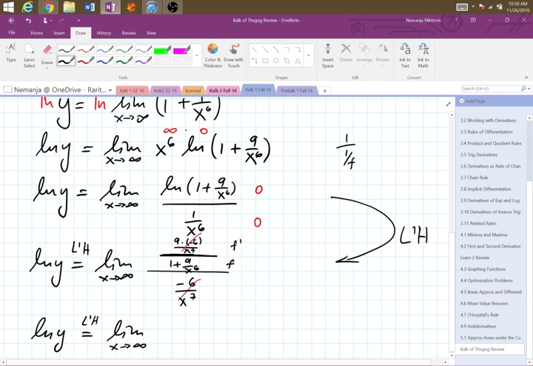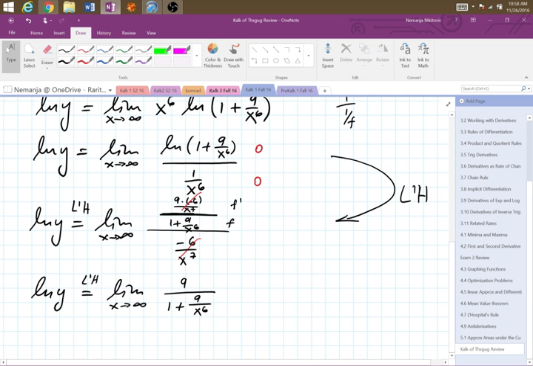So what we have is 9 over 1 plus 9 over x to the 6. That's what's left. When this goes to infinity, the 9 over x to the 6 goes to 0, and the whole thing is 9.